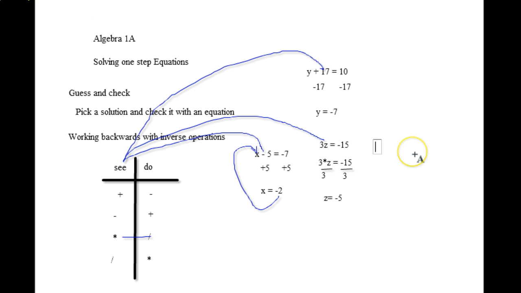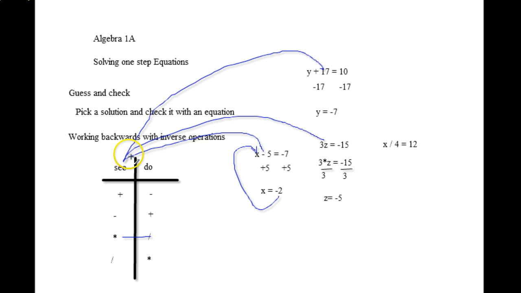Now if I had something like 4 divided by x equals 12, well, that's a little bit more. We'll talk about that one in a sec. Let's go with x divided by 4, and you'll understand why the order is important in this one.